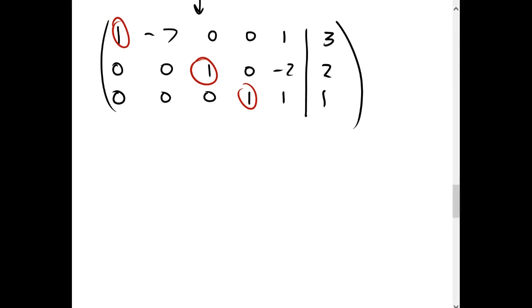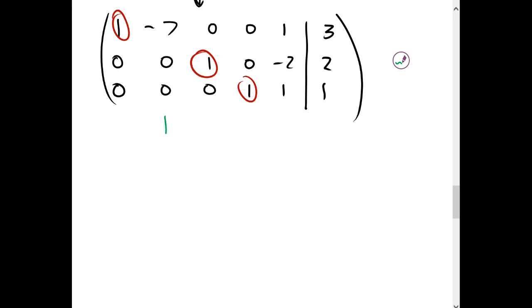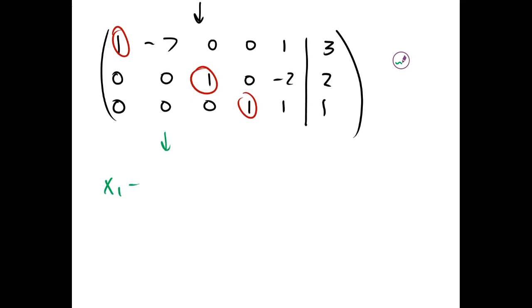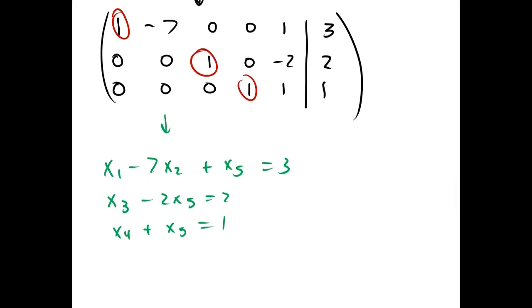So now we can actually go back to what we had before, which was x1 minus 7x2 plus x5 equals 3, x3 minus 2x5 equals 2, and x4 plus x5 equals 1.